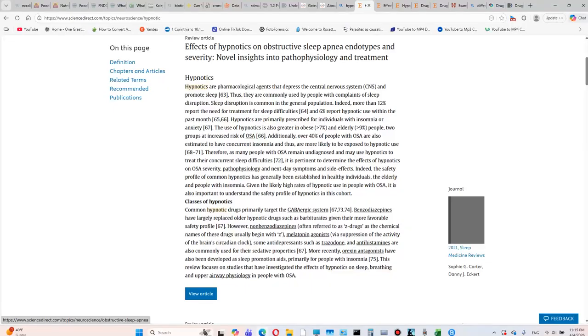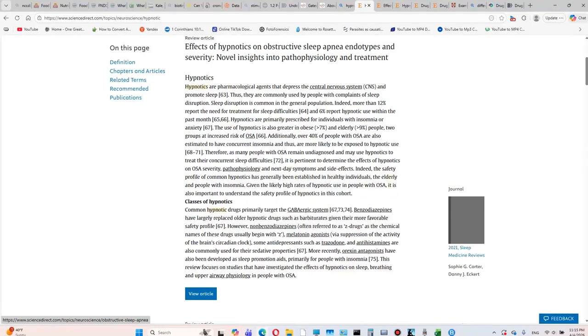Therefore, as many people with OSA remain undiagnosed and may use hypnotics to treat their concurrent sleep difficulties, footnote 72, it is pertinent to determine the effects of hypnotics on OSA severity, pathophysiology, and next-day symptoms and side effects.